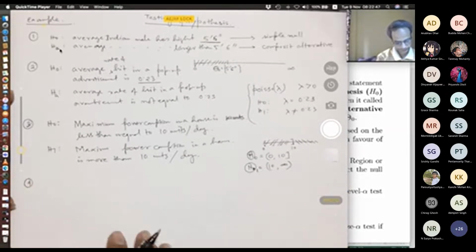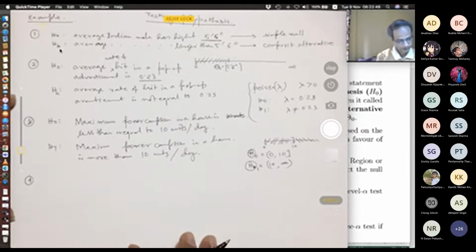For example, you can have both of them singleton.